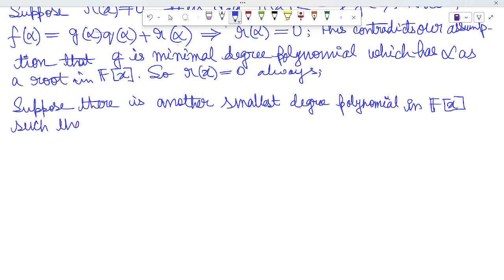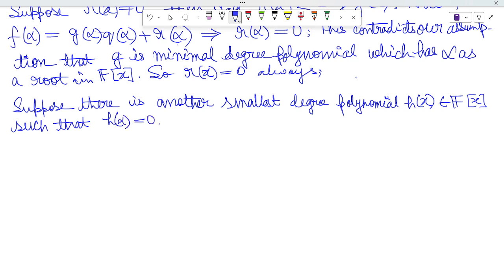Name the polynomial h(x). Polynomial h(x) belongs to F[x] such that h(alpha) equals 0.